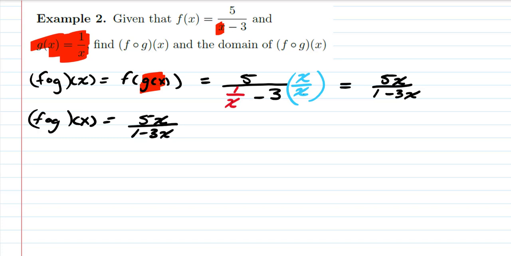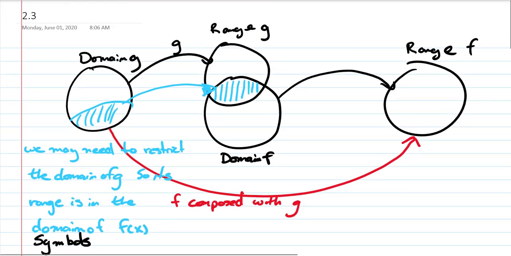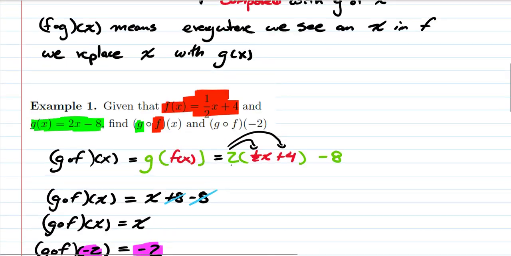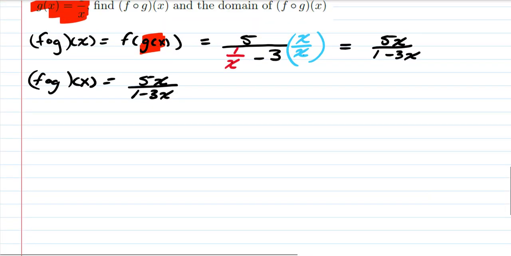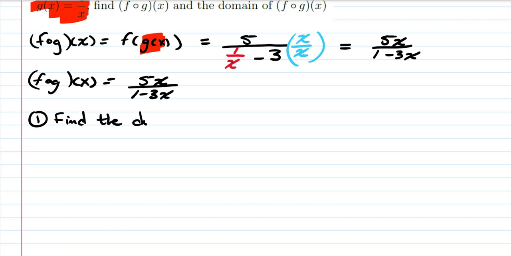Now we want to find the domain. So in order to find this, if we look back at our diagram, the first thing we have to start with is we find the domain of g. So step 1 is we find the domain of g. So in our case, our g of x is 1 over x.